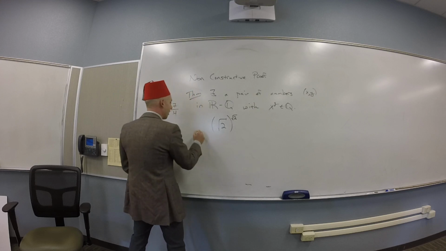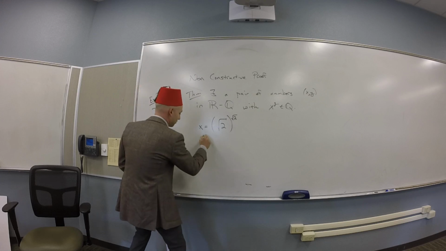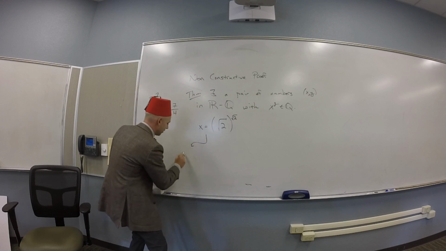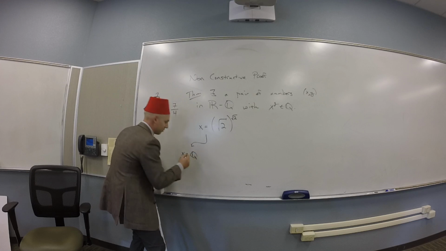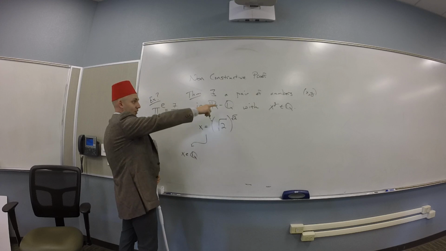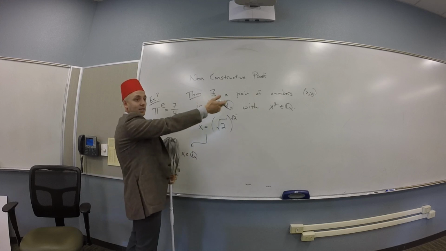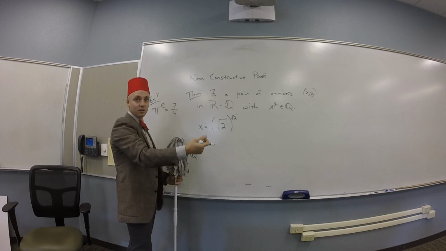So I'm going to call this thing x, and there are only two options. On the one hand, x might be in Q. If that was true, where would I be with this claim? You proved it. Yes, then I've provided the existence of a pair of numbers.